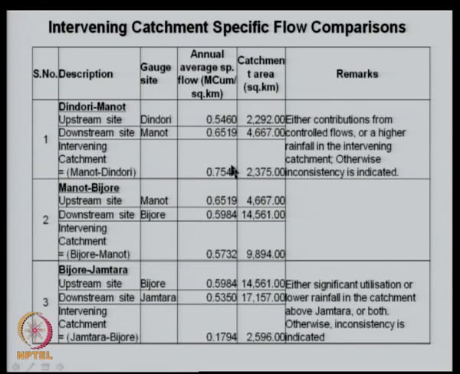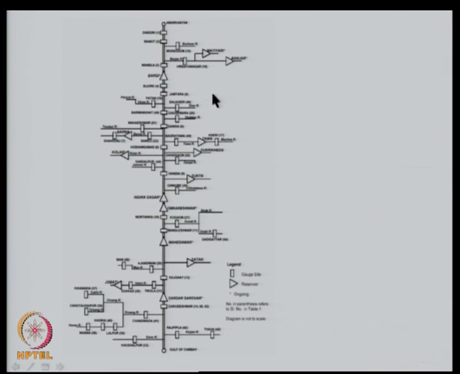Now, what does this mean? It means either contributions from controlled flows or a higher rainfall in the intervening catchment. That means, is there any controlled flow that is coming in between is what you have to check.